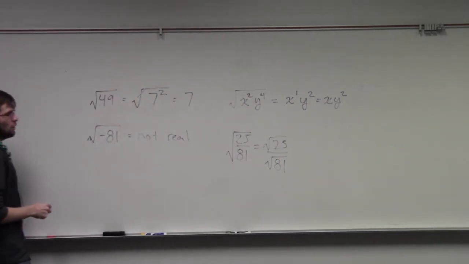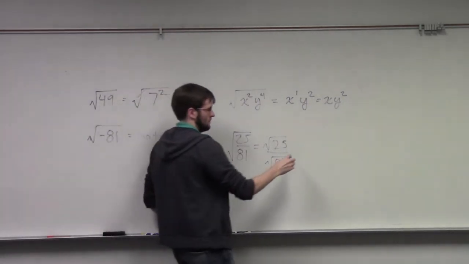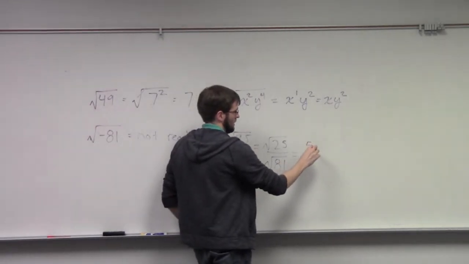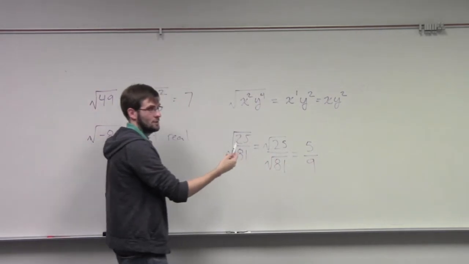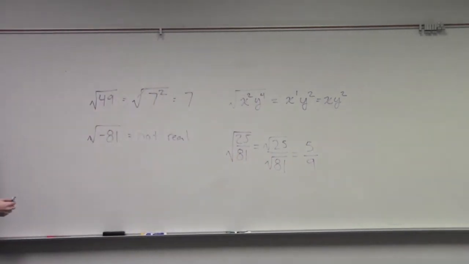The square root of 25 is 5, and the square root of 81 is 9. Can I simplify this fraction? No, then I'm done. So you always want to try and simplify your answers.